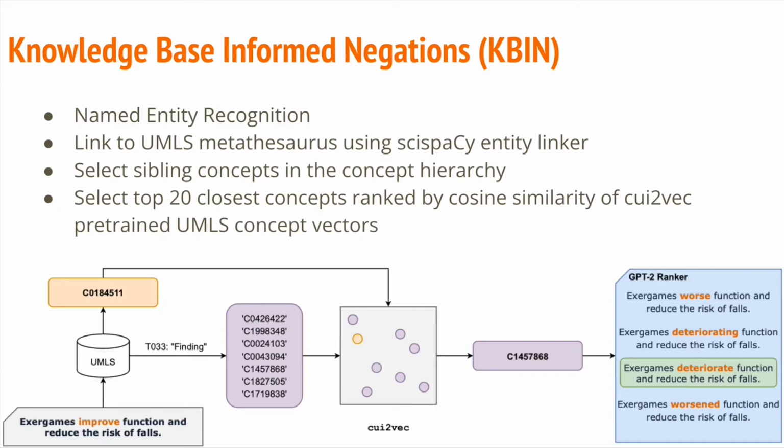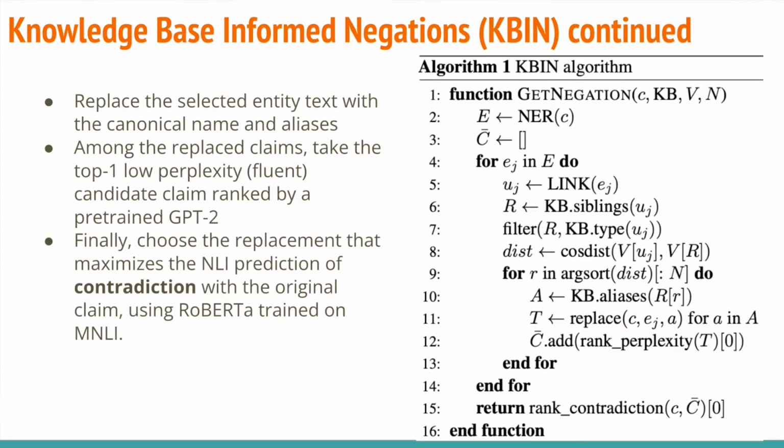Once they have obtained the 20 concepts, they next replace the selected entity tags with the canonical names and aliases of the concepts. And among the replaced claims, they take the top one, the low perplexity, most fluent candidate claim ranked by a pre-trained GPT-2 model.